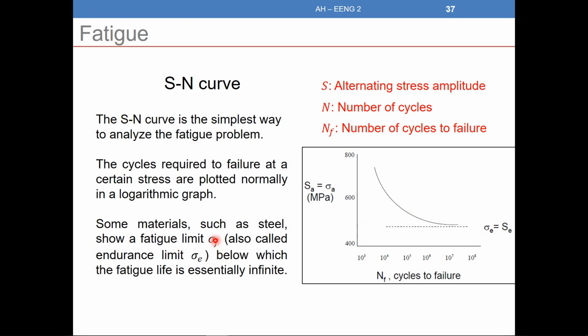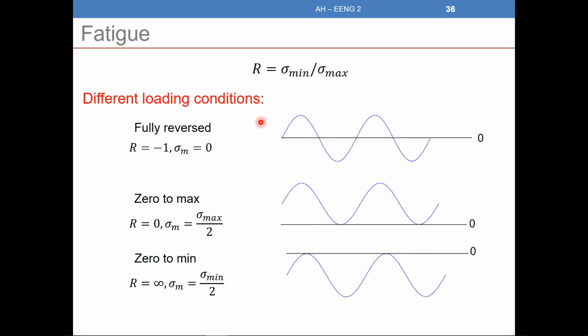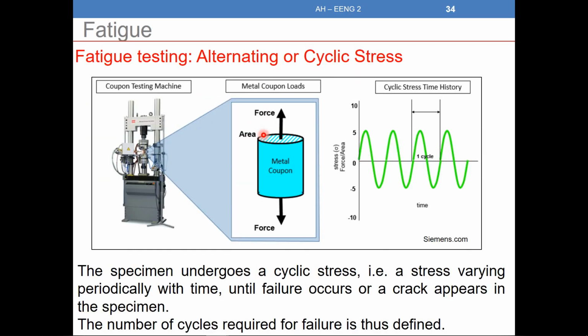Now, as you can see, what's the fatigue limit here? If I take, let's say, 450, I don't have any point on the curve. What does this mean? That if I take the specimen and apply an alternating stress of an amplitude of 450, it will never fail.